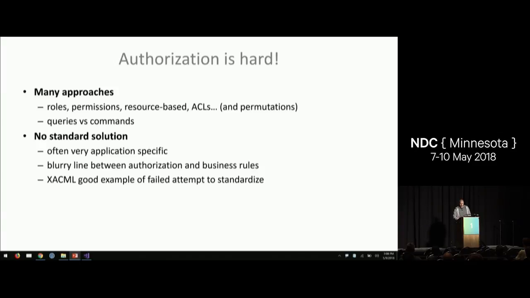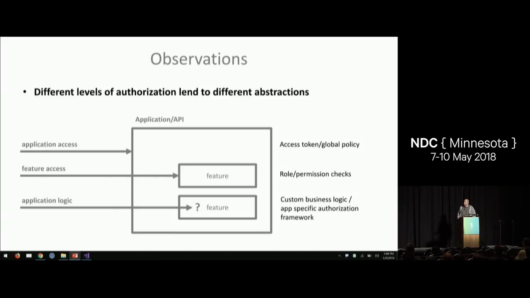Instead, that's actually the business logic of your application. So actually, that's kind of the conclusion of this talk. Thanks for coming, right? But we realized there are several different layers of authorization.